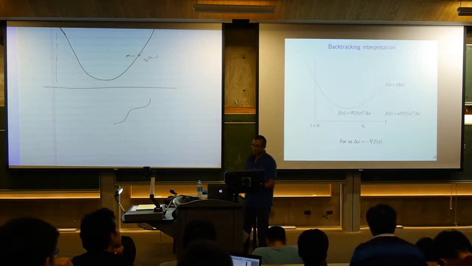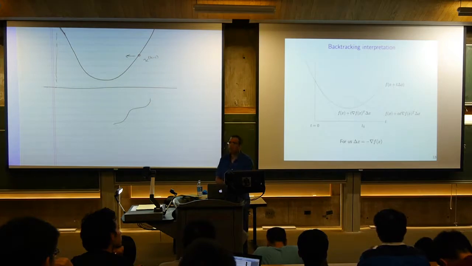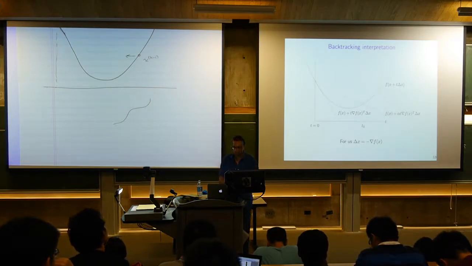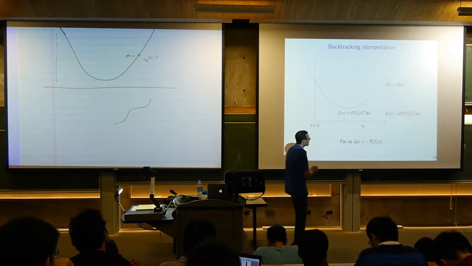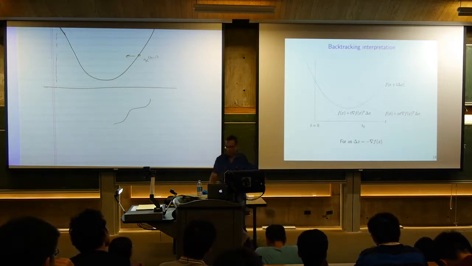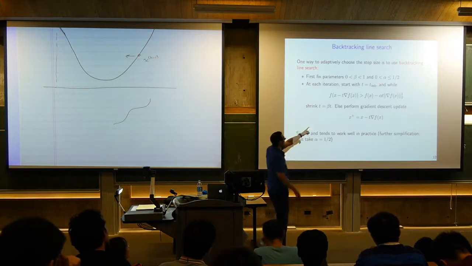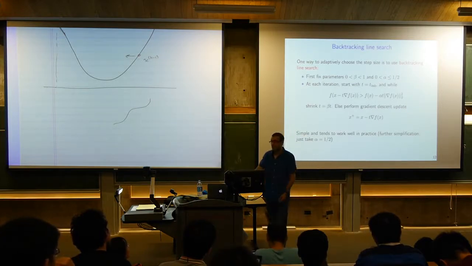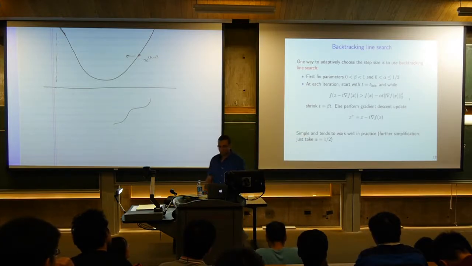If we look at the convergence analysis for backtracking, there's a particular step where we can see that this condition implies that gradient descent is actually descending. But if alpha is taken to be too large, that won't necessarily be the case.